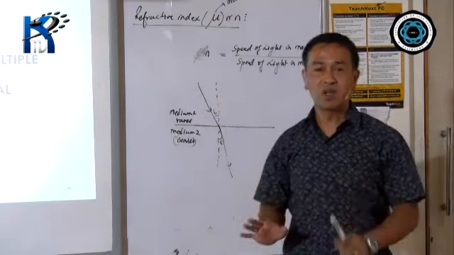So Snell's law simply says that for a given pair of media, and for light of a given color, and color of light is also determined by the wavelength of light. So please remember that color of light is determined by the wavelength of light. So for a given pair of media and for a given color of light, the ratio of the sine of angle of incidence to the sine of angle of refraction is always a constant. And this constant is nothing but the refractive index of one medium with respect to another medium.